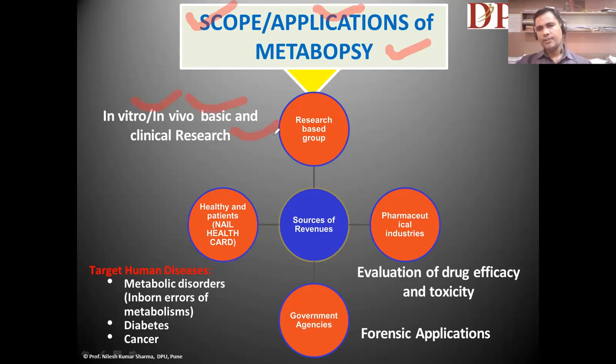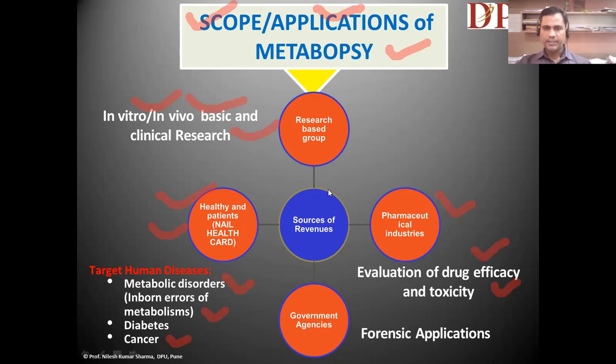That's why R&D, academia, or industry can be involved. Another part is health and patient services, diagnostic services or health services using metabopsy, like a nail health card and many more that we are proposing, and many human diseases like cancer and diabetes are a thrust area. In pharmaceutical industries, the evaluation of drug efficacy and toxicity can also be catered for and provided.